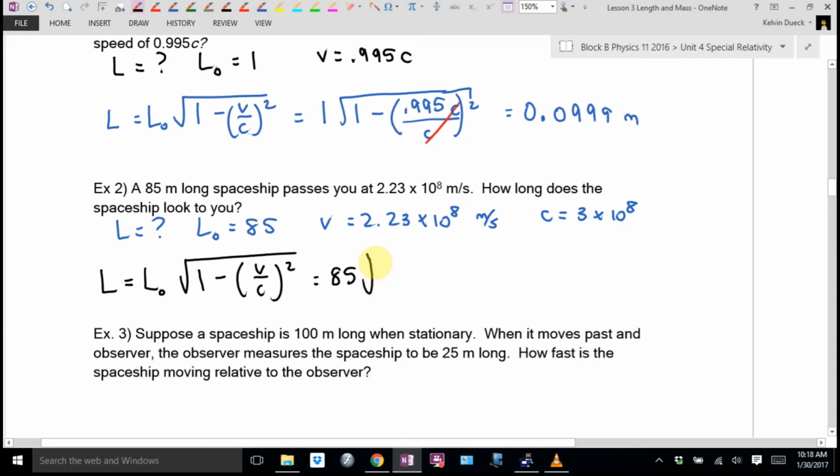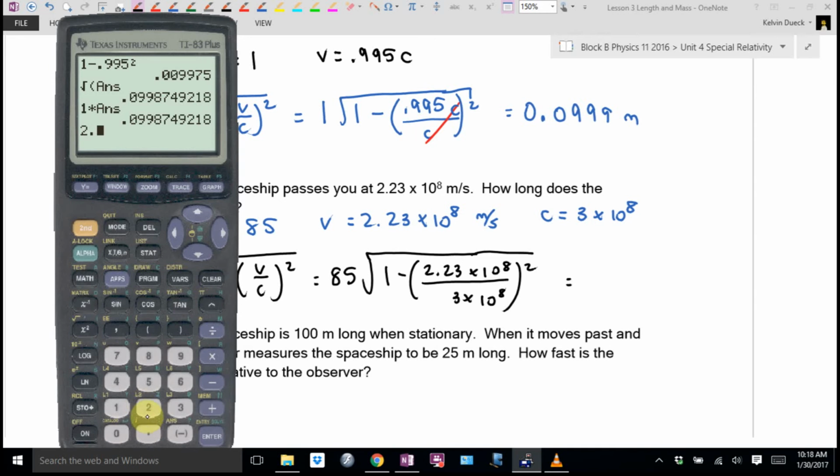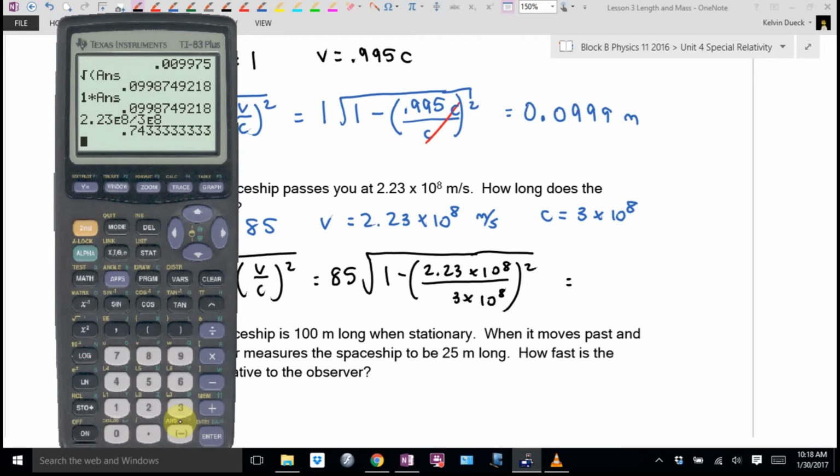85, square root of 1 minus, and I guess it's going to be 2.23 times 10 to the 8th over 3 times 10 to the 8th, whatever that is, squared. 1 minus that. 2.23 times 10 to the 8th divided by 3 times 10 to the 8th, whatever that is, squared. 1 minus that.